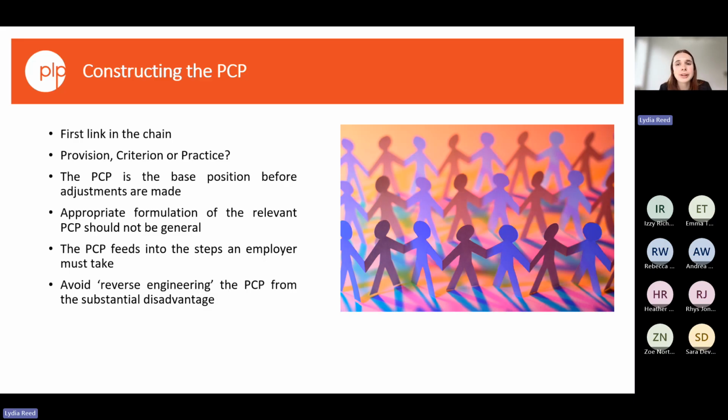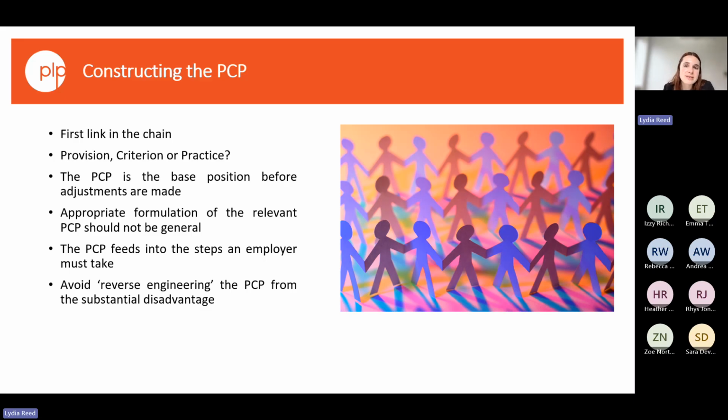The tribunal must identify the relevant PCP before considering the nature and the extent of the substantial disadvantage suffered by the claimant. So spend some time, if you're for the claimant, considering whether it is a provision, criterion or practice, and if for the respondent, looking at what the claimant might suggest they are, and analysing it critically.